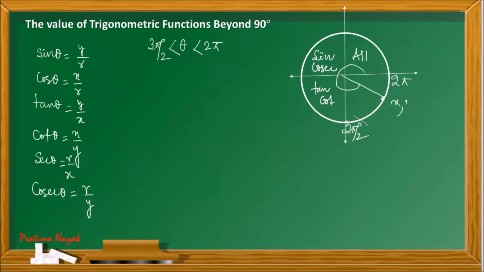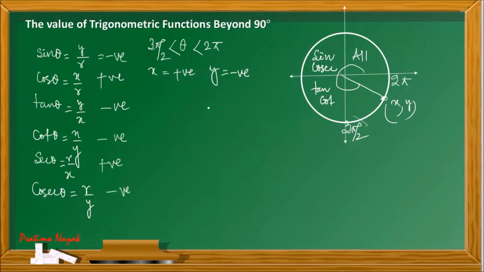So what about xy? Here x is positive but y is negative. So x is positive, y is negative, so sin theta will be negative, cos theta will be positive, tan theta negative, cot theta negative, sec theta positive, cosec theta negative.